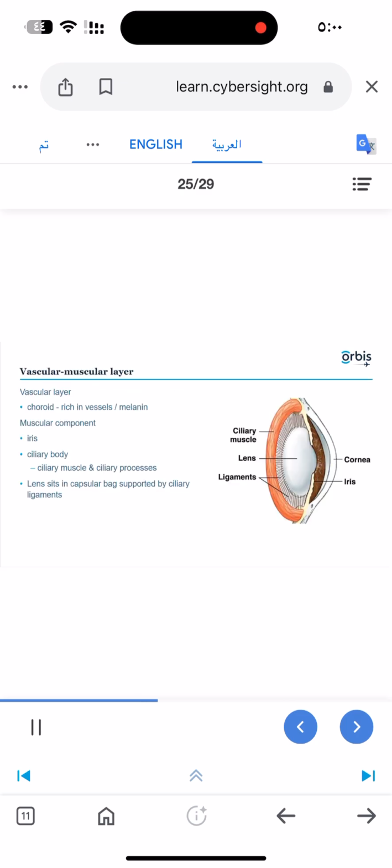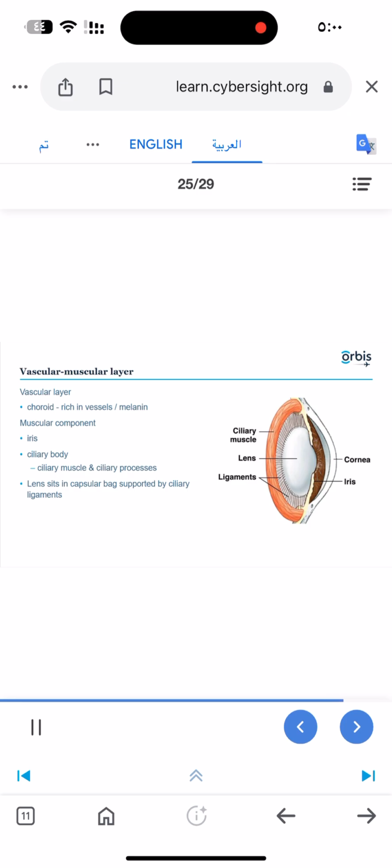In more detail, this middle layer has a distinct vascular component, the choroid, which is rich in blood vessels and melanin and is vital for retinal function, and a muscular component comprising the iris that controls the amount of light passing through the lens and hence to the retina, the ciliary body that consists of the ciliary muscle and the ciliary processes, and the lens that sits in a natural capsular bag supported by ciliary ligaments.